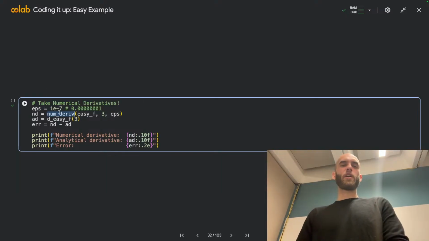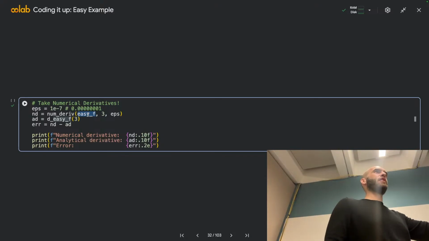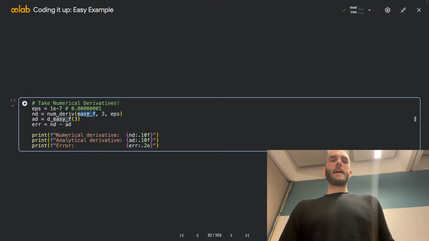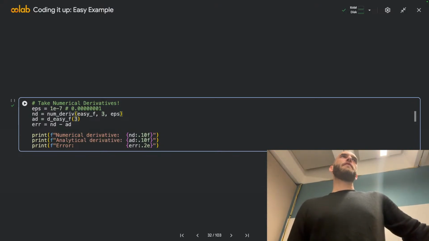And then we have our numerical derivative function. If you remember back, we're going to input into the numerical derivative function the mathematical function that we just described. So here we have easy f, and then we're going to specify the value of x. We want to take a derivative of easy f with respect to x at a specific value, x equals 3.